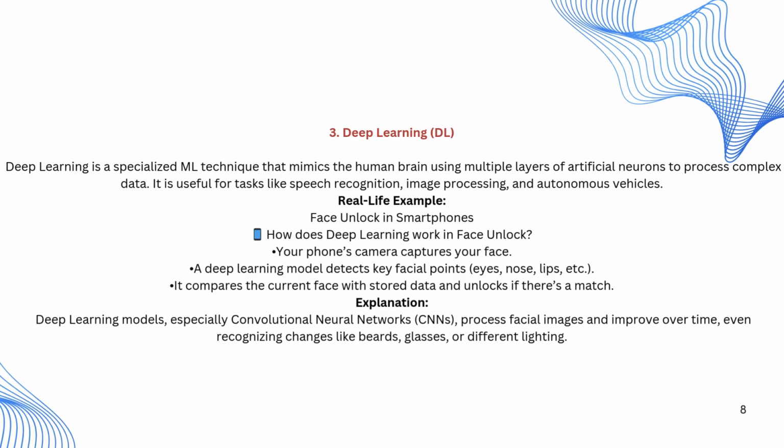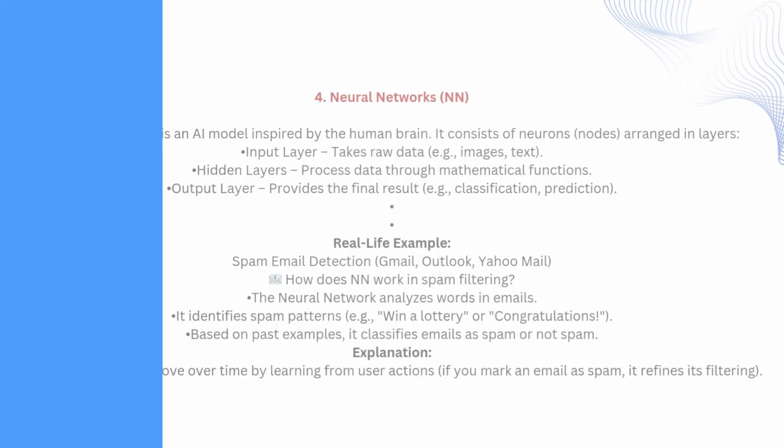Your phone captures your face, detects key facial features, and matches it with the stored data to unlock. Deep learning adapts over time, recognizing whatever changes there are. Now let's move to neural networks.